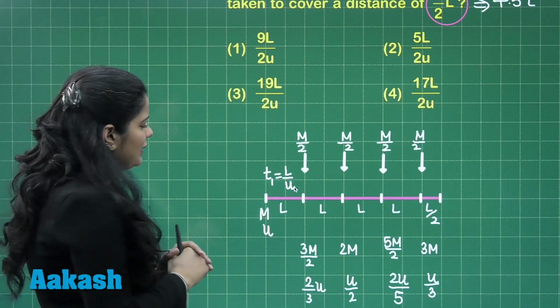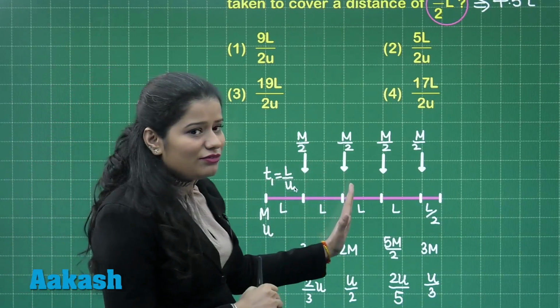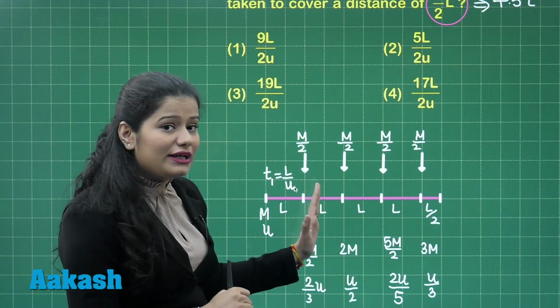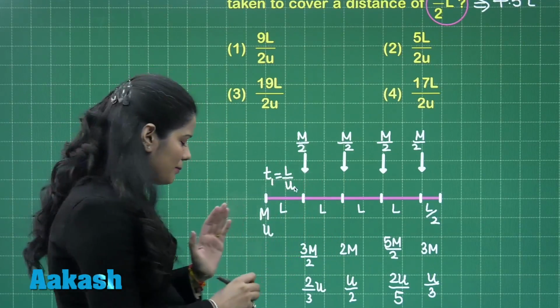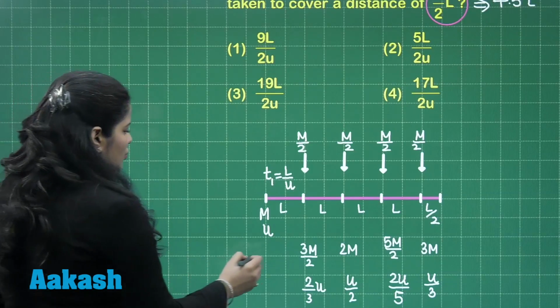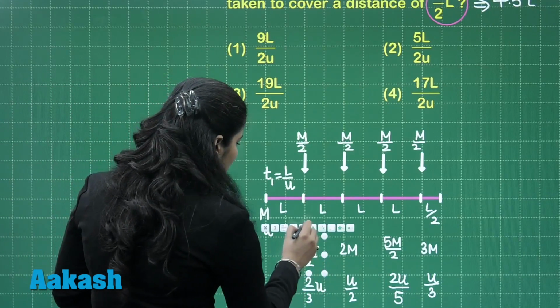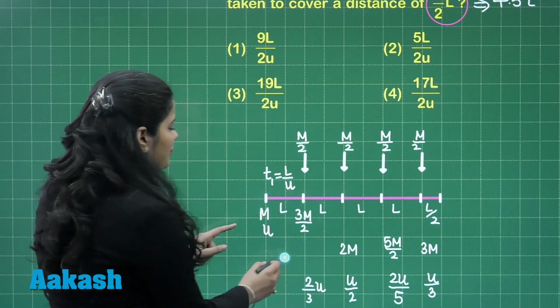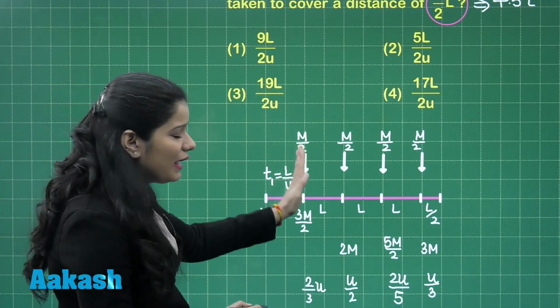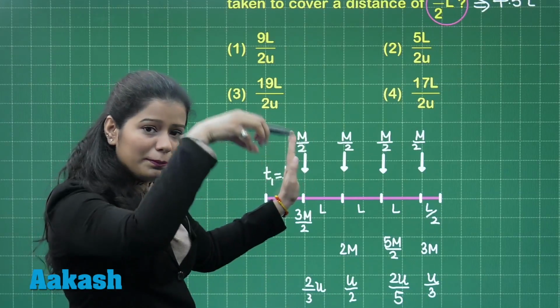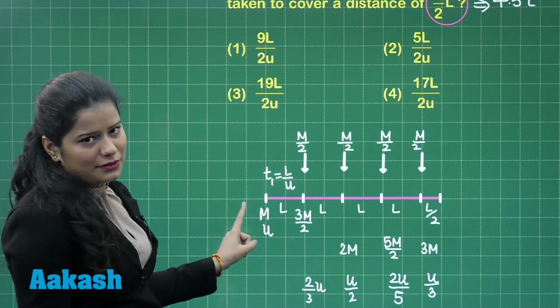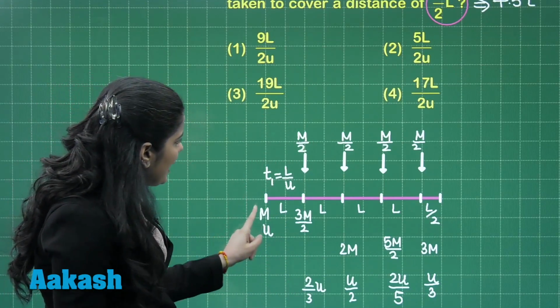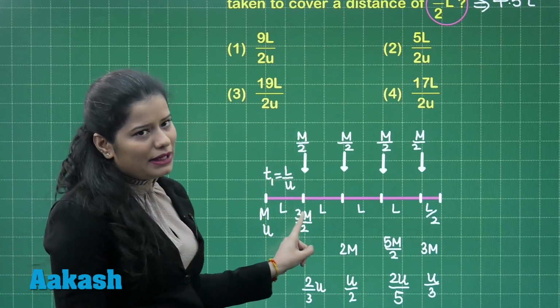Got it? Now for the next interval of length, I need to find out the mass. The mass has changed to 3m by 2. Why? Because this m by 2 is being added vertically on the cart. So the mass will be m plus m by 2, which is 3m by 2.